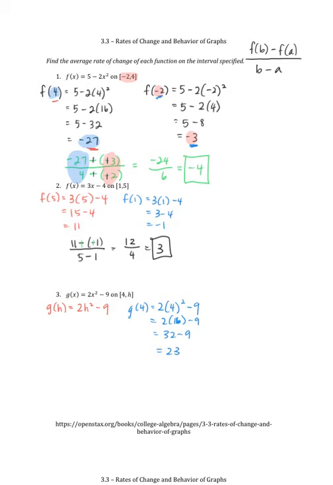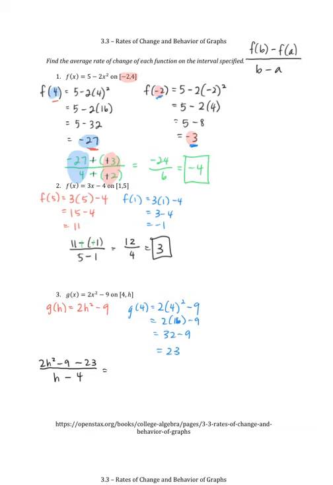Okay, so now I want to use my formula. So I'm going to have 2h squared minus 9 minus 23 all over h minus 4.